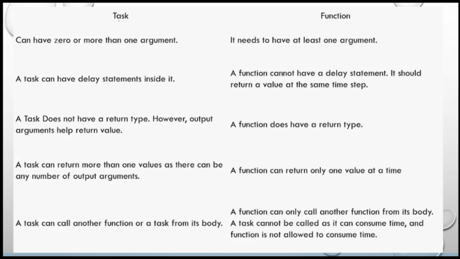So a task can have 0 or more arguments. That means it can have either 0 arguments, or two inputs, two outputs, any number of arguments. But a function shouldn't be empty, it should have at least one argument, that you should remember.